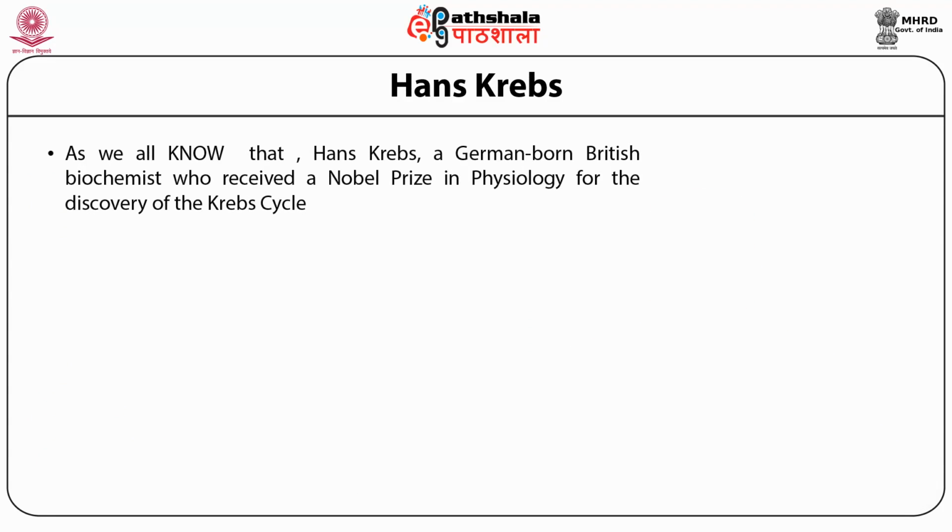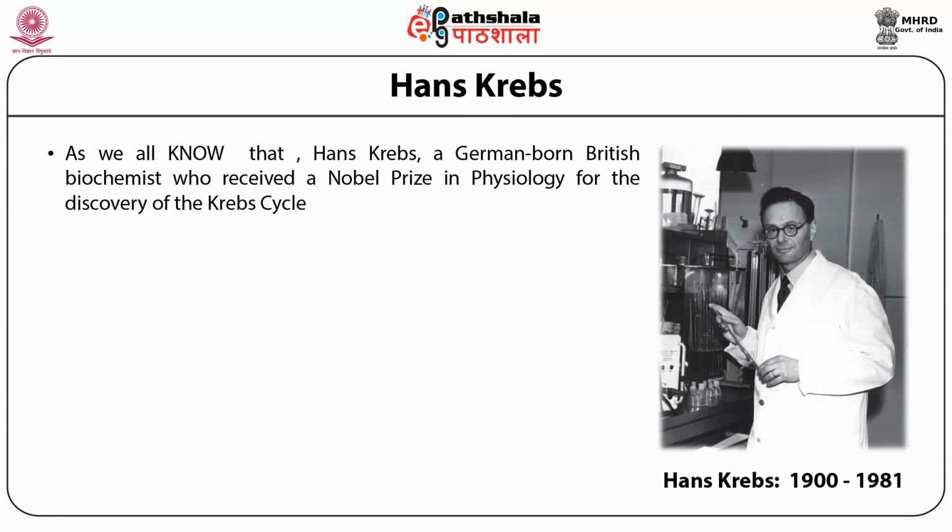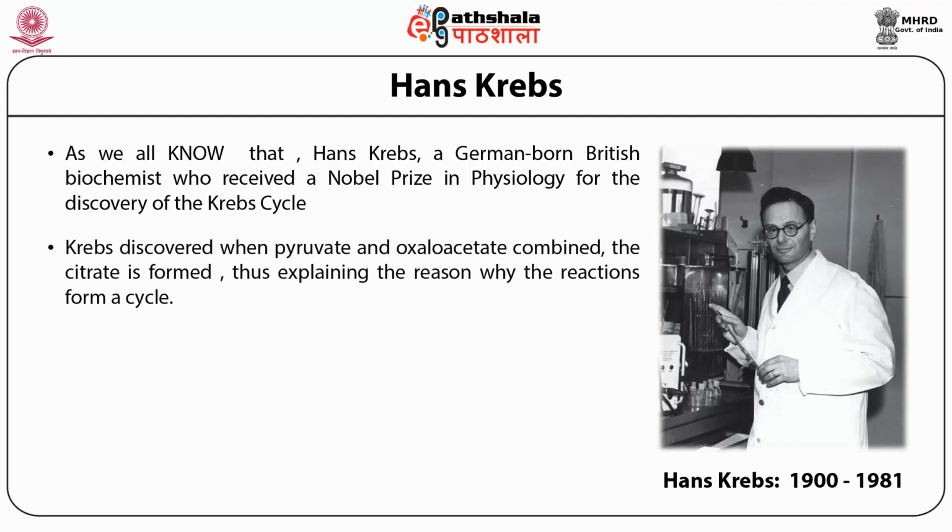As we all know, Hans Krebs, a German-born British biochemist, received a Nobel Prize in Physiology for the discovery of the Krebs cycle. Krebs discovered that when pyruvate and oxaloacetate combined, citrate is formed, thus explaining why the reactions form a cycle.